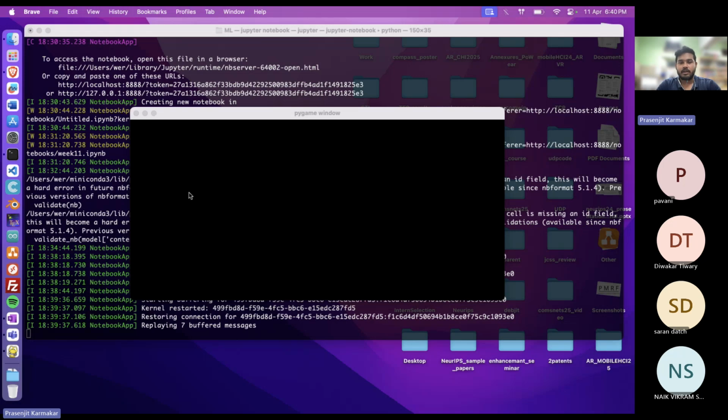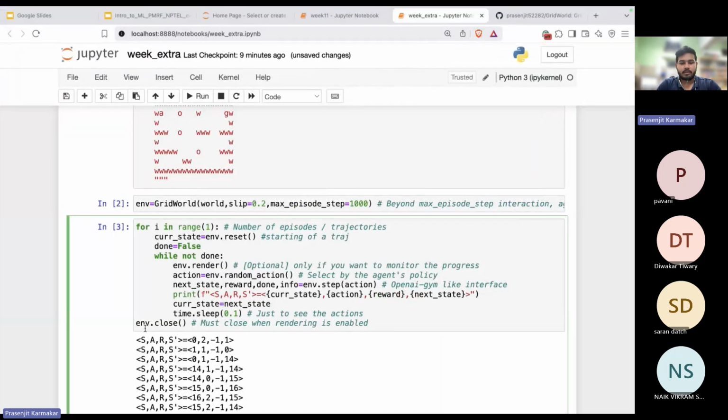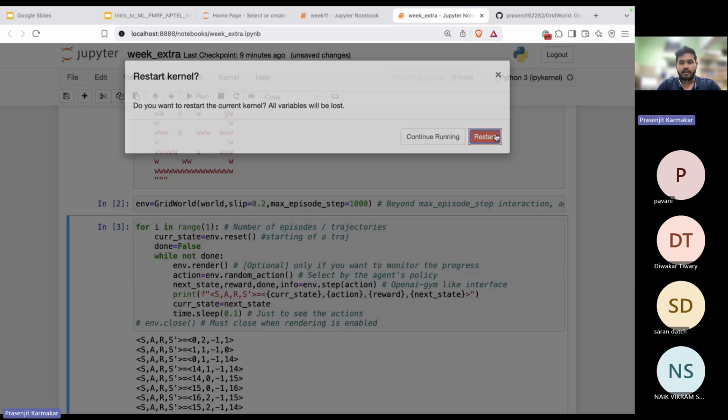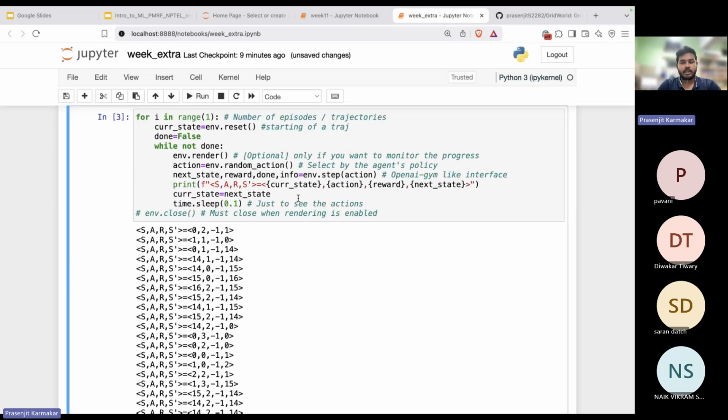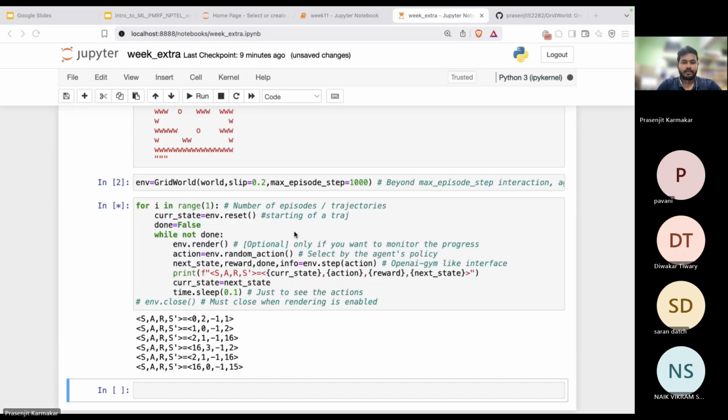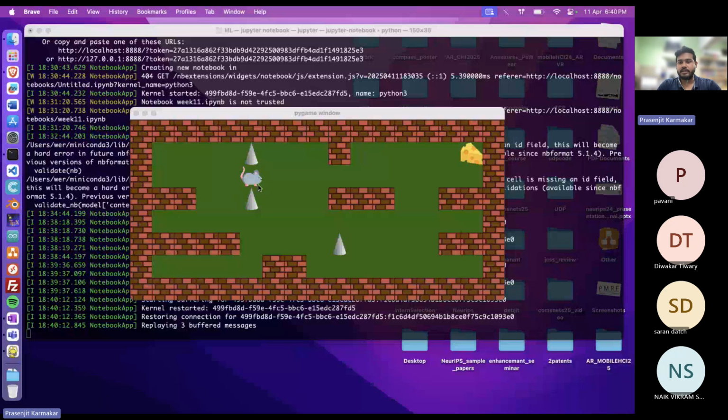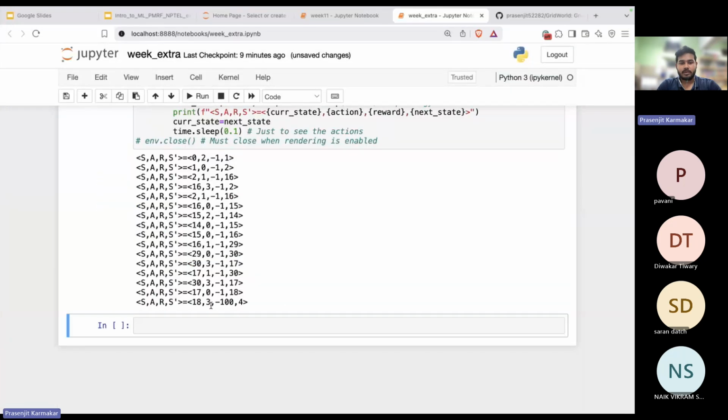That's why it became black. Now what I can do is just remove this, do a restart again and run. So you'll see the entire one trajectory, where it starts and where it ended. See, currently here it ends, right? So the trajectory was like this. It ends at step 4.